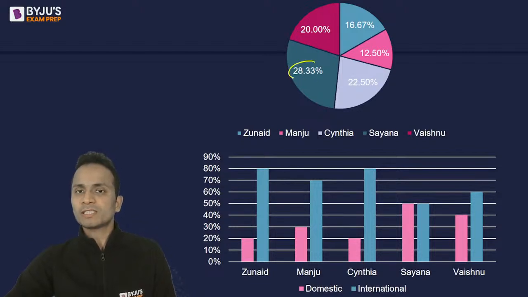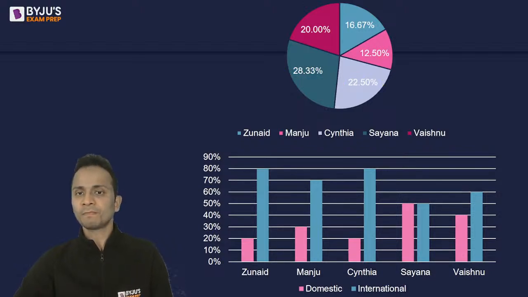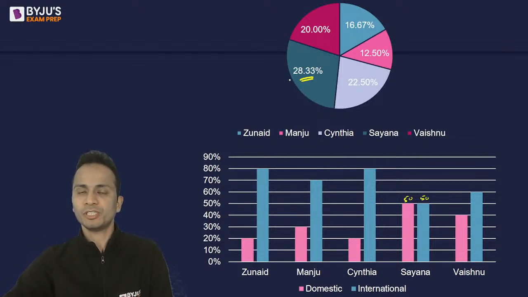Now this is Saina and this is Cynthia. Total distance covered by Cynthia is less, but the percentage breakup is more. So now I should be comparing these two values. I should not be neglecting these. For Saina, 28.33 percentage is the total distance, which is divided equally among domestic and international, 50-50%.